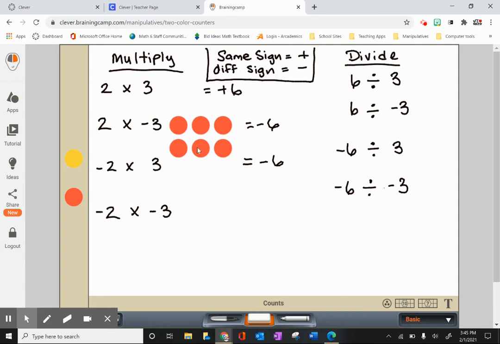So it's like repeating subtraction when one's negative. When both are negative, it becomes repeating addition again. And that is a little confusing, but these actually end up saying the same thing, two groups of +3, for this last rule, that a negative times a negative will be a positive.